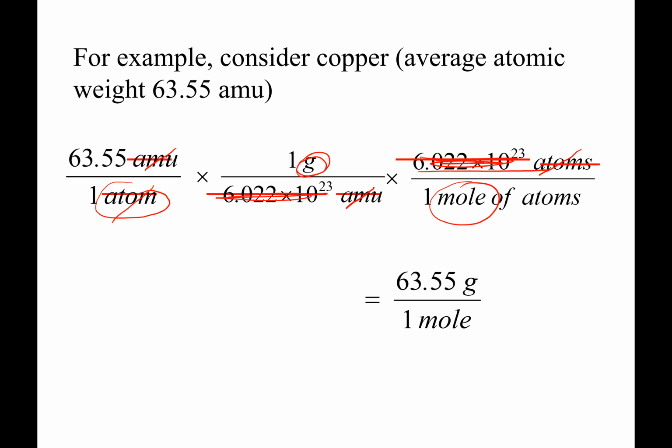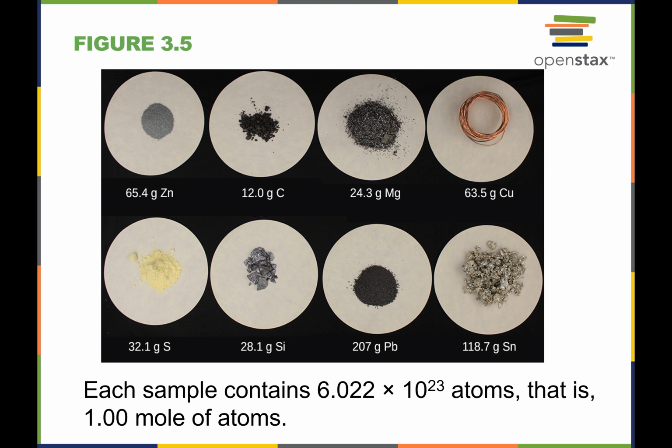Cool. So the decimal serves two purposes. A decimal number on the periodic table for each element is how much it weighs in AMUs, an atom of that type of element, and it's also its molar mass. So let's take a look at what some of that might look like. So here's some elements: zinc, carbon, magnesium, copper, sulfur, silicon, lead, and tin.